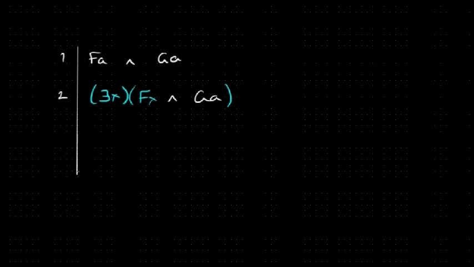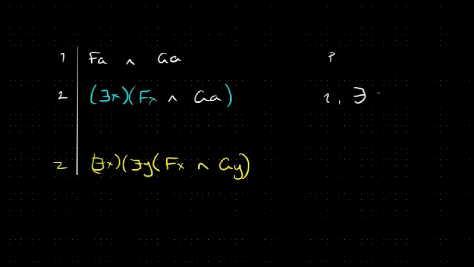Now let's suppose that what we were aiming for was there exists an X such that there exists a Y such that FX and GY. Right, that's what we were aiming for, and our first step was to do this. There was a premise. One was existential introduction.